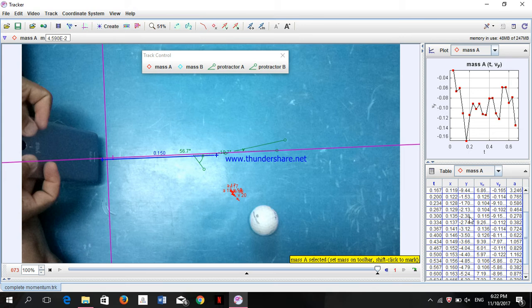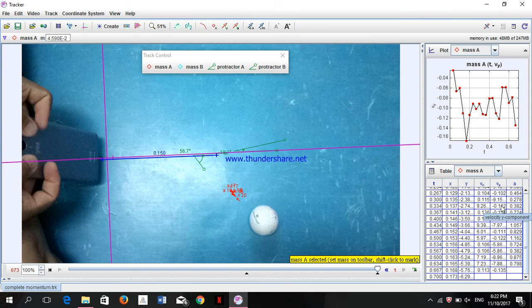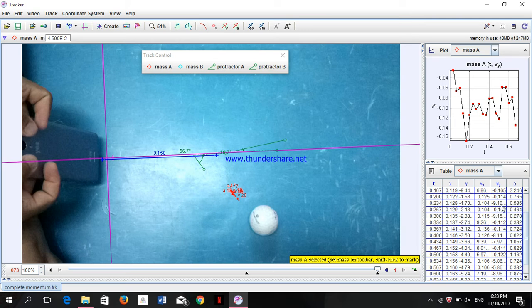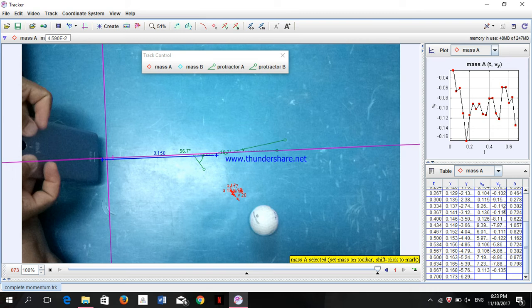By using these values, we can get the initial velocity of ball A. Before the collision, the velocity of ball A is 6.86 on Vx and negative 0.165 on Vy, and after the collision, the velocity of ball A is 0.113 on Vx and negative 0.135 on Vy.